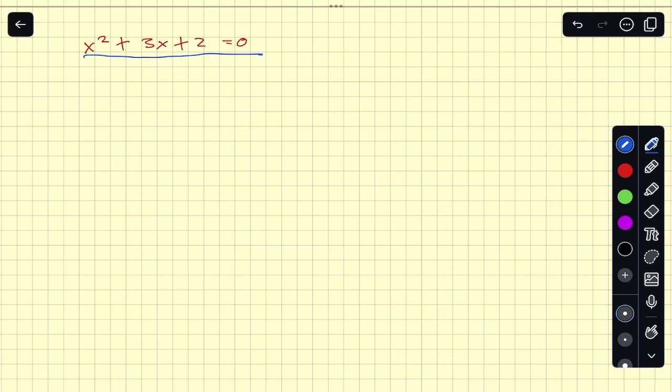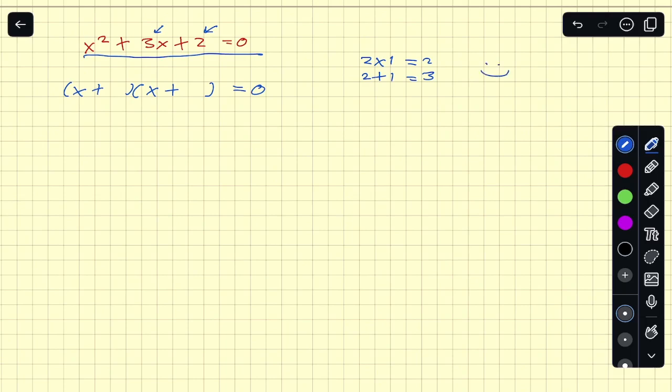And if you look at what multiplies to 2 and adds to 3, then you could find a way to simplify it into this form where you've got x plus something times x plus another thing equals 0. The factors of 2 are just 2 times 1, which is 2, and then 2 plus 1 is 3.